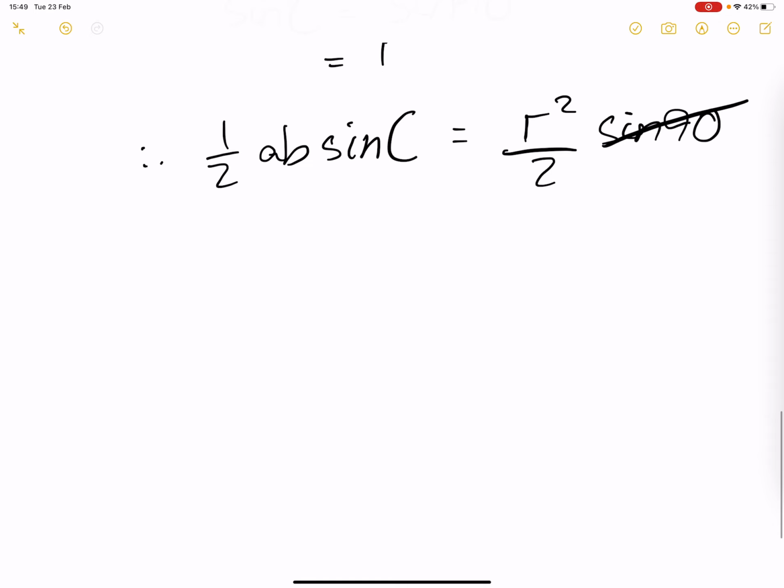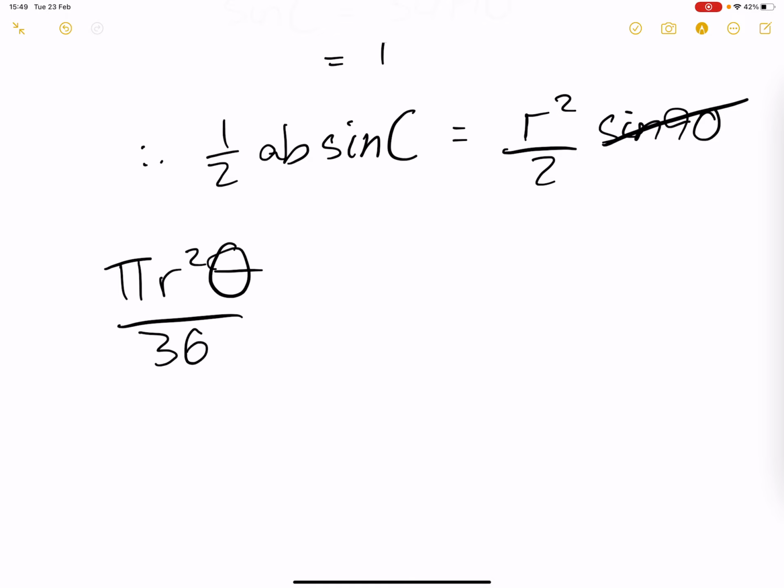And what we're going to do now is run back to the original thing I mentioned, that in order to find the area of that little segment, we do pi r squared times theta over 360, and we minus r squared over 2, which is the area of the triangle.